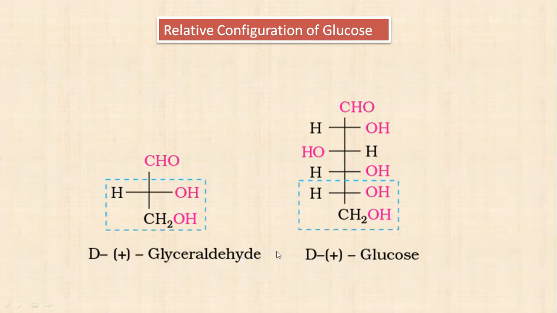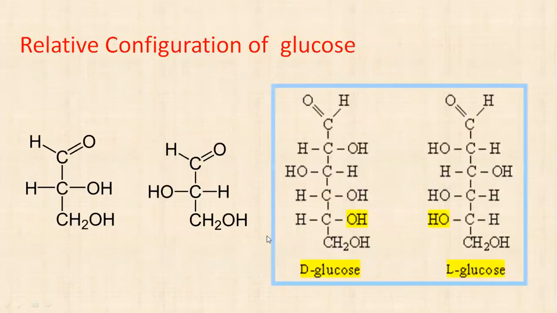We can relate the structure of glucose with glyceraldehyde, and according to that they give the sign D or L. See here, this is for L-glucose. This is D-glyceraldehyde, L-glyceraldehyde.